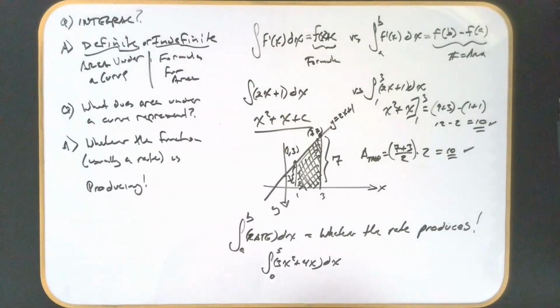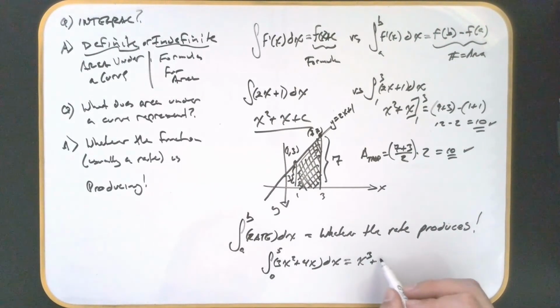If I were to integrate that, I would get x cubed plus 2x squared, and we would evaluate that from 0 to 5.